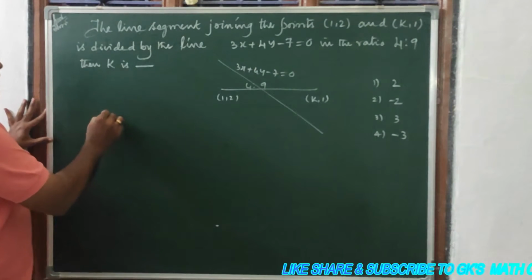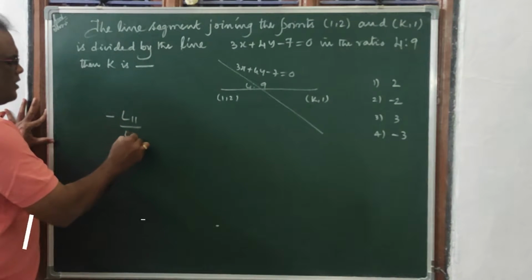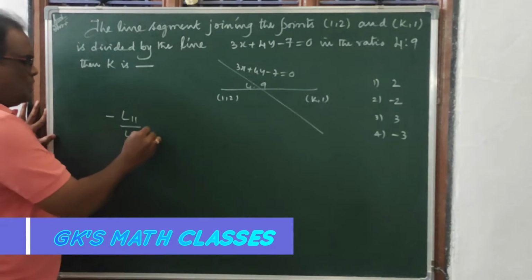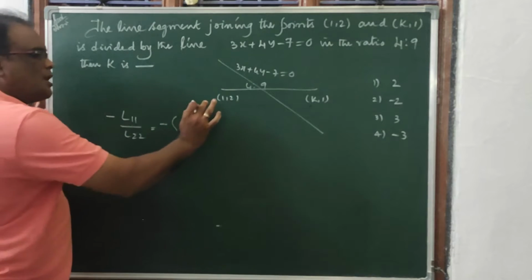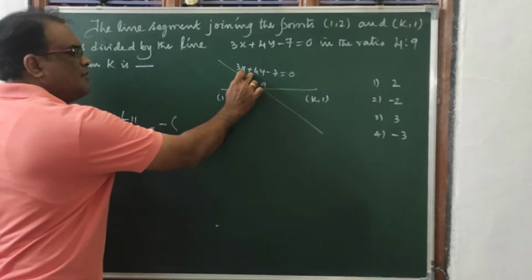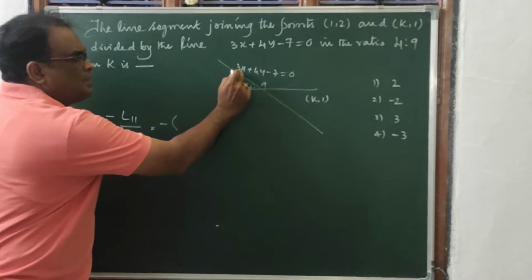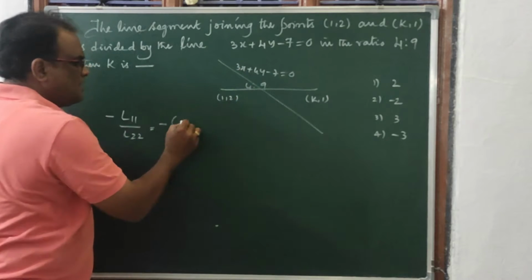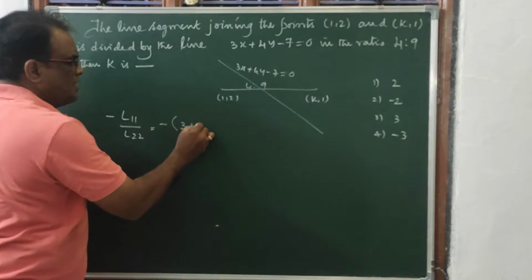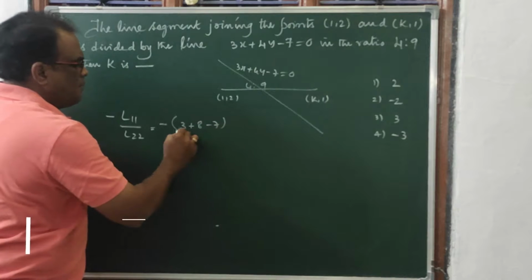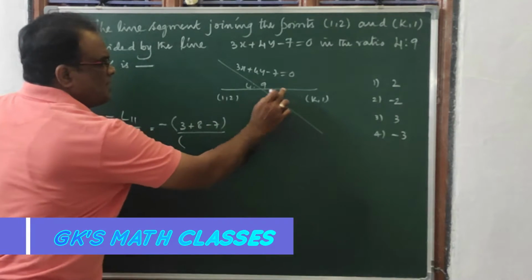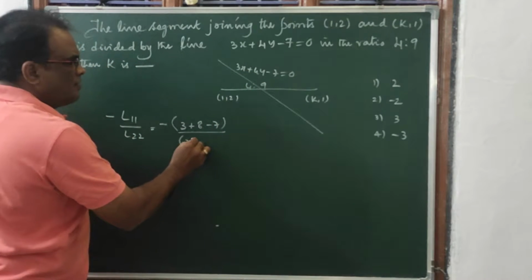The formula is minus L11 by L22, that is minus of, substituting the first point in the given line. Substitute the point in the given line. 3 ones are 3, 4 twos are 8, minus 7, by, substitute the second point in the given line.